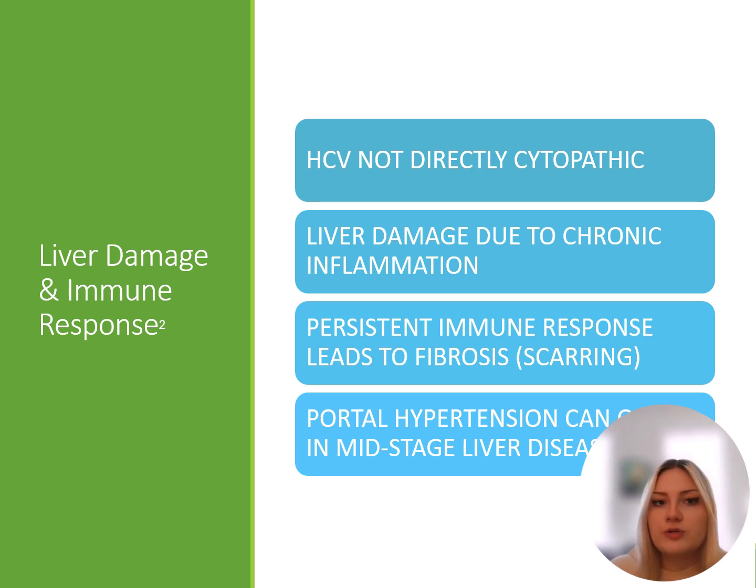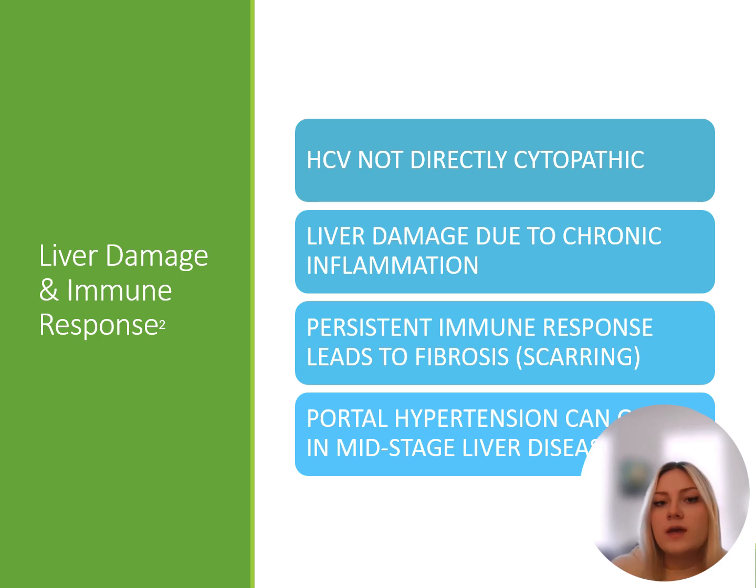This leads to fibrosis and scarring. This toughens the liver tissue and reduces liver function, and this fibrosis and scarring can restrict blood flow. When there's restricted blood flow in the liver, more blood is diverted from the body to the liver through the portal vein, because your body's trying to compensate for that restricted blood flow.